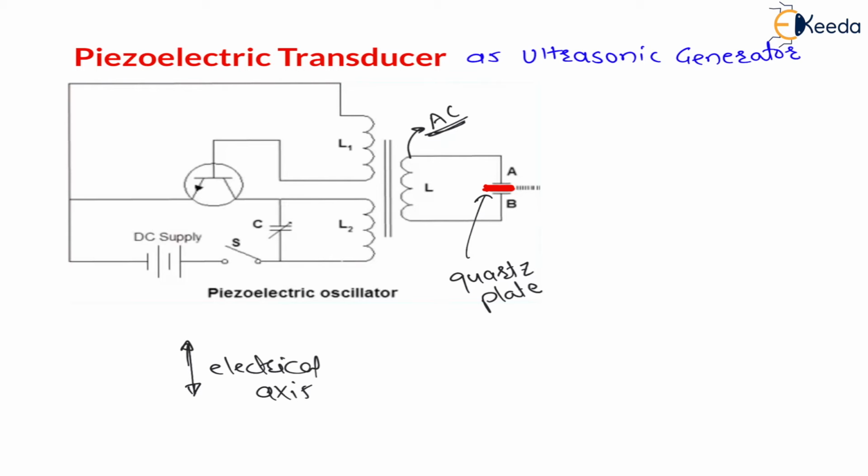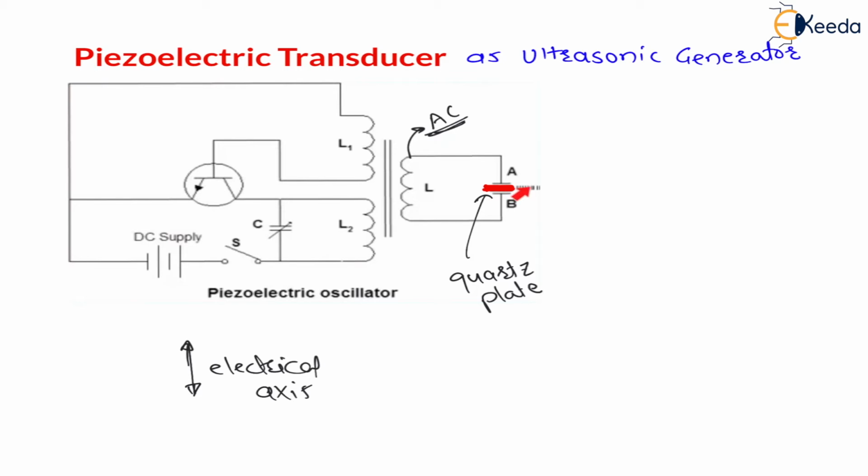And my dear students, because of this alternating current there will be a frequency of vibration. This quartz plate starts compression, expansion, compression, expansion, alternately because of the alternating current. Therefore there will be expansion and contraction, and therefore a sound wave is generated.